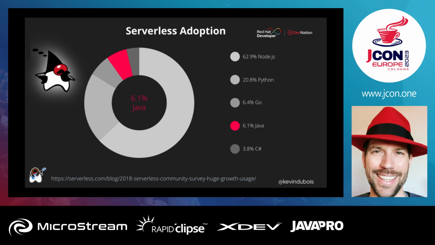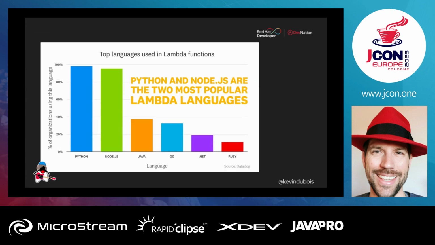They did this survey, and out of this survey came that only 6% of serverless workloads were using Java, and that kind of makes sense, which I'll go to in a little bit. But you can see here, this is a more recent survey from Datadog, and you can still see that Java is increasing, but Python and Node.js are definitely still the main languages used for serverless.